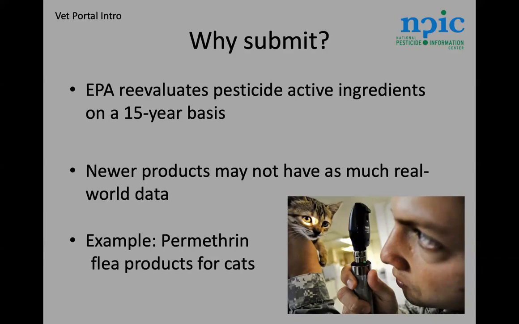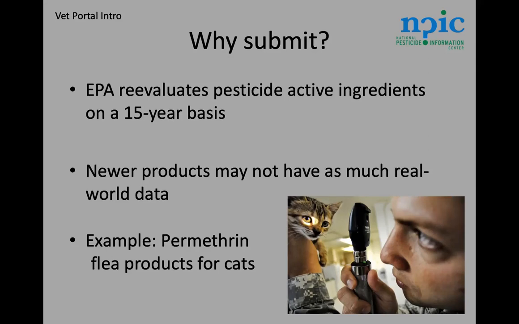There's not much. I'd like to give an example here, and that's a series of permethrin flea products that were designed for cats. In 2002, NPIC received over 300 questions about flea products containing permethrin for cats, and a lot of these contained reports of adverse reactions for those poor cats.